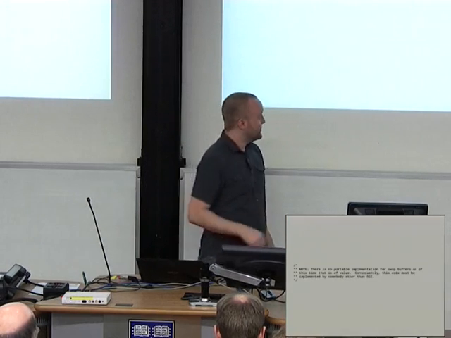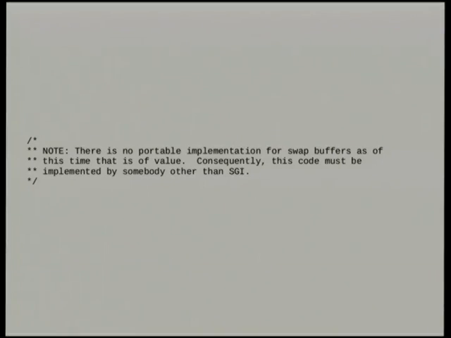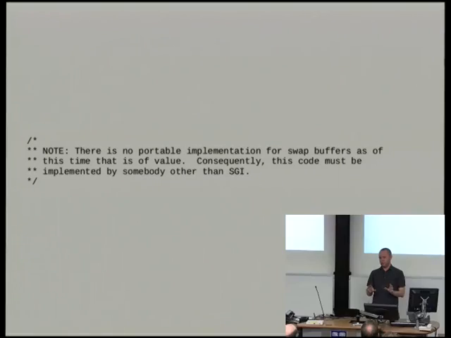And probably one of the best comments in it is this, which is really the story. You cannot implement swap buffers portably. Everything that code did, the entry point for swap buffers, it did all the validation of the arguments and made sure, yes, this is a context that should be able to swap stuff, and it's doing so on a visual that's compatible with blah, blah, blah.